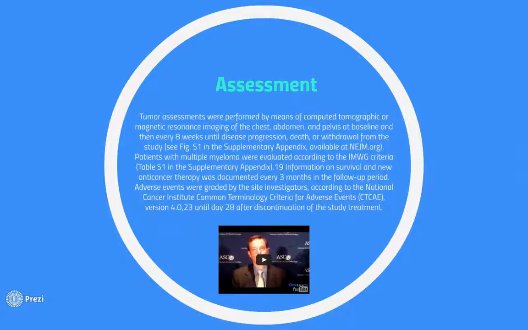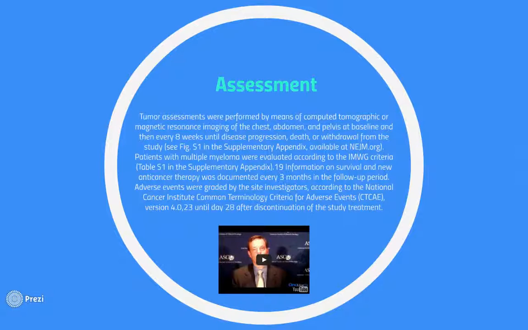Assessment. Tumor assessments were performed by means of computed tomographic or magnetic resonance imaging of the chest, abdomen, and pelvis at baseline, and then every 8 weeks until disease progression, death, or withdrawal from the study. Patients with multiple myeloma were evaluated according to the IMWG criteria.